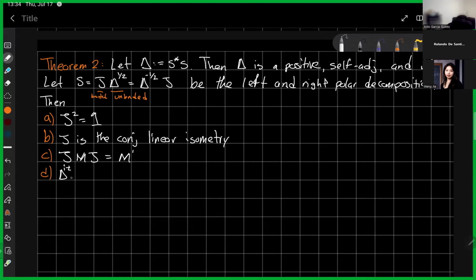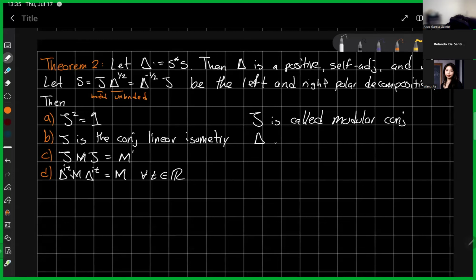And so you can write the operator delta to the it M delta to the minus it. This is for all t. So in here, J is called the modular conjugation, and delta is called the modular operator.